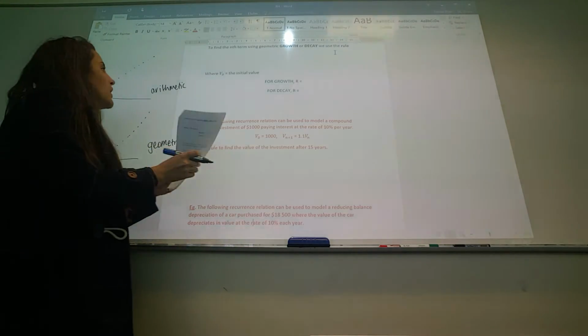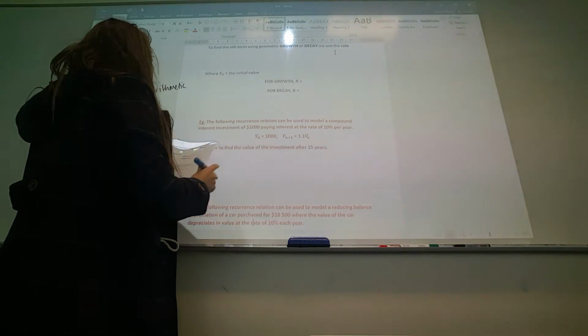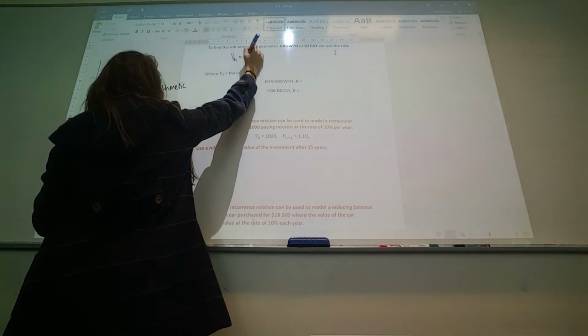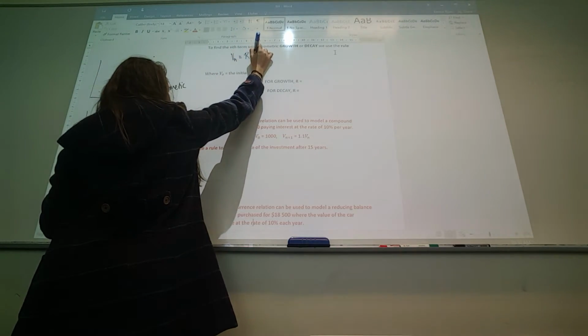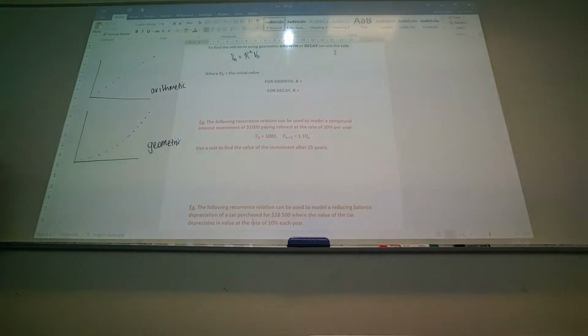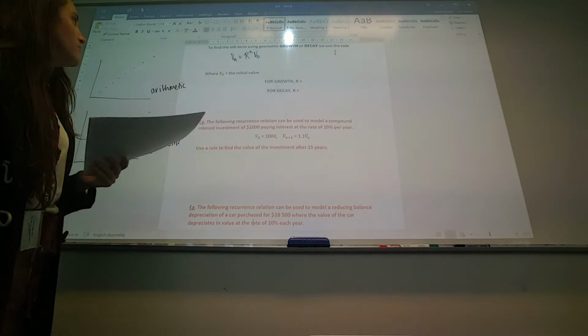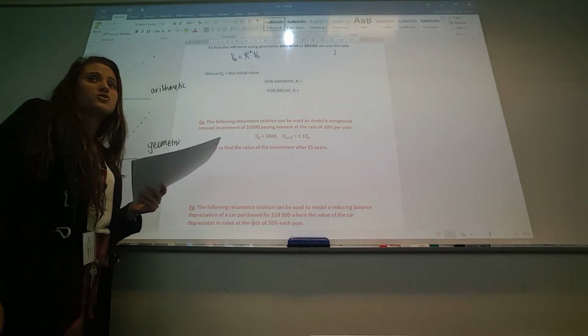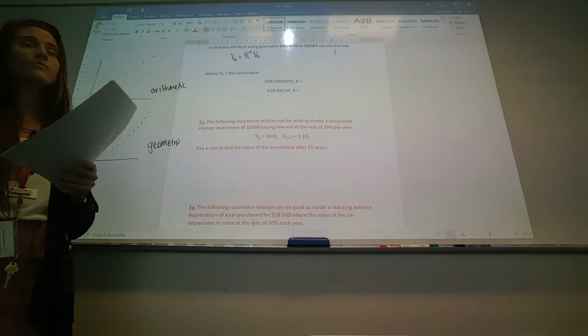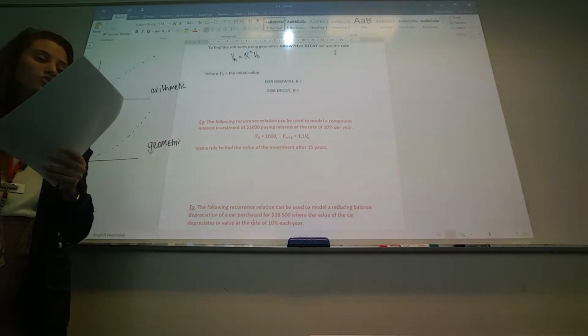Okay, so when we are using growth and decay with geometric sequences, our rule is r to the n times V0. And V0 is our initial value, so what we are starting with before we've done anything to it. Is it always a V? Yeah, usually.